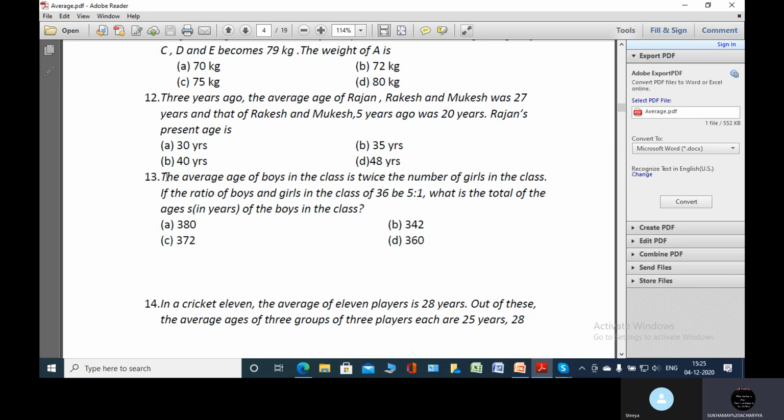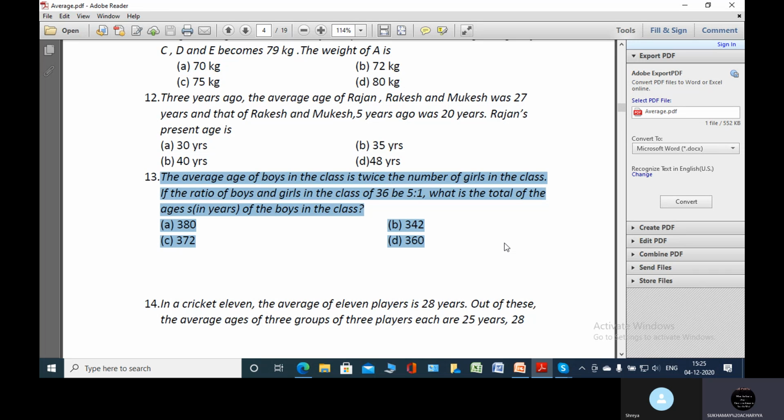That is problem number 13. The average age of boys in the class is twice the number of girls in the class. If the ratio of boys and girls in the class of 36 be 5 is to 1, what is the total of the ages in years of the boys in the class?